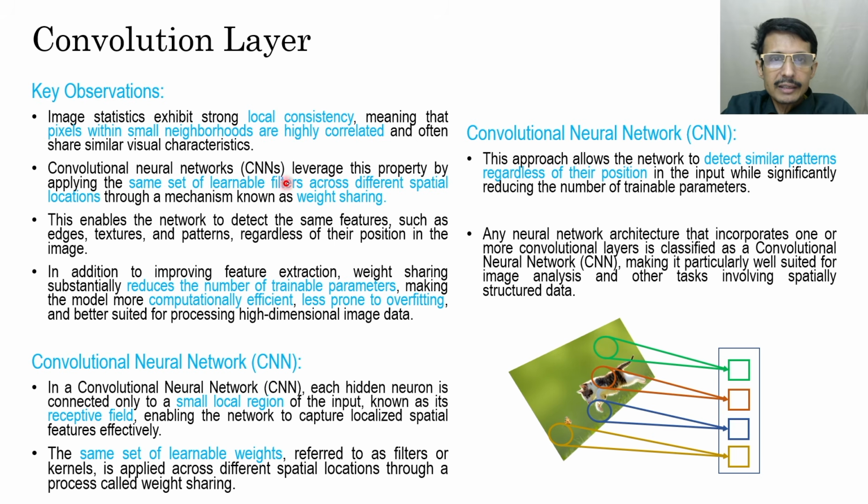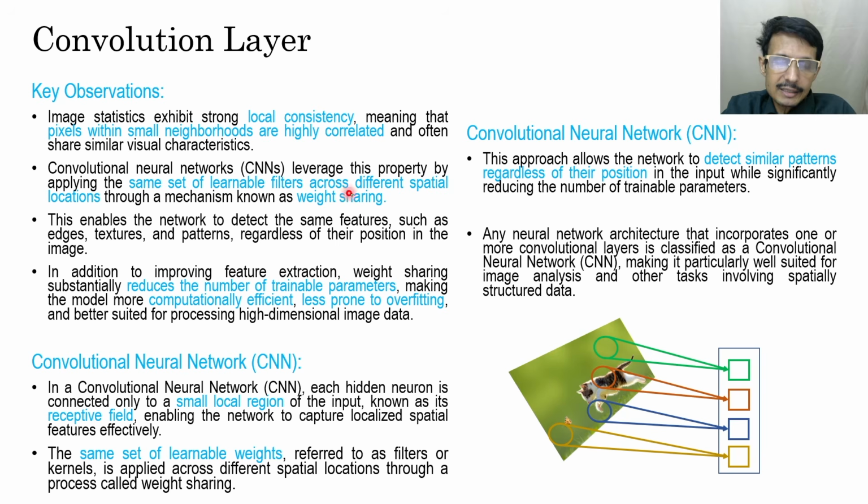Next, CNN leverages this property, applying the same set of learnable filters across different spatial locations. Now, let's see this image. Here you can see not only here, also here, some similar characteristics.